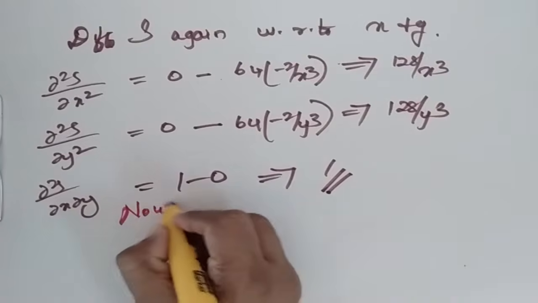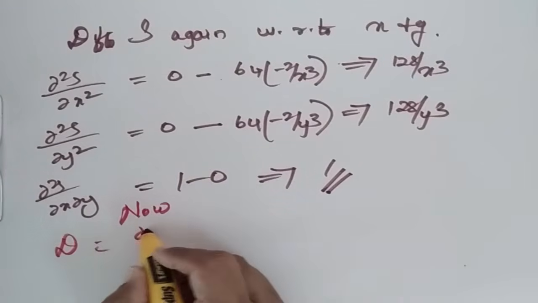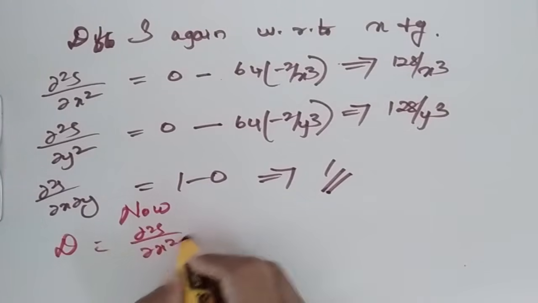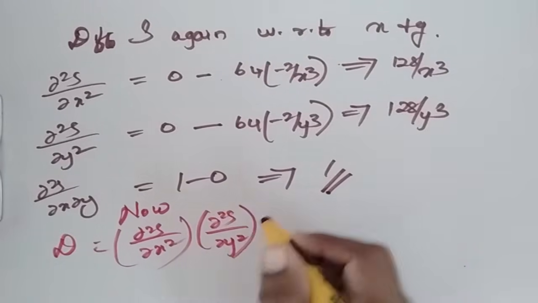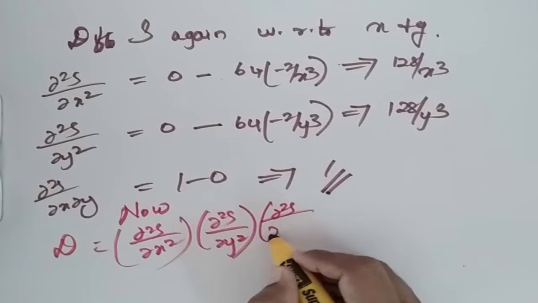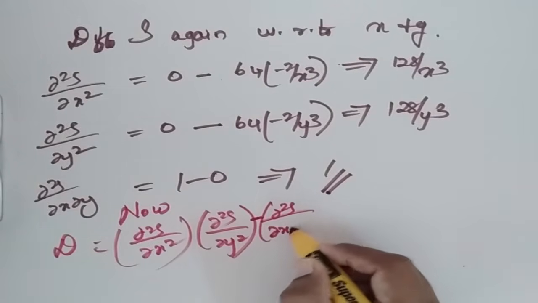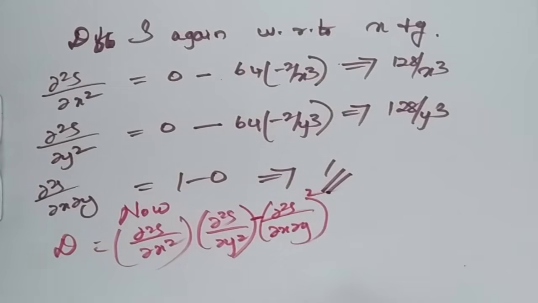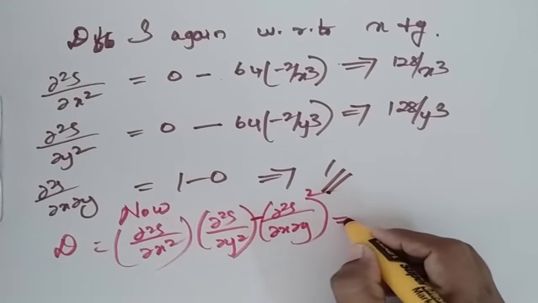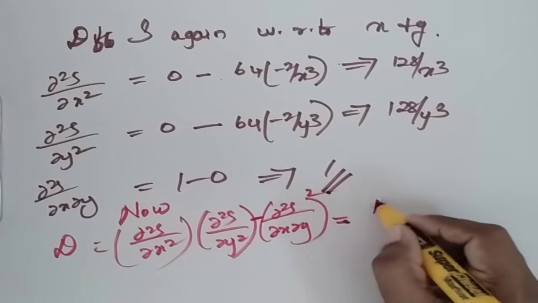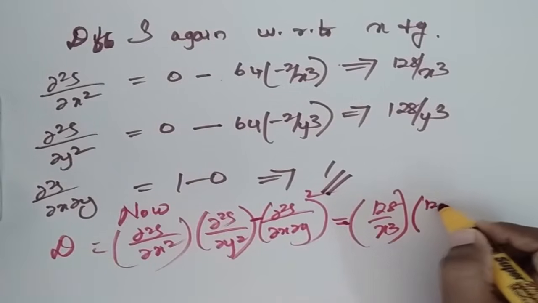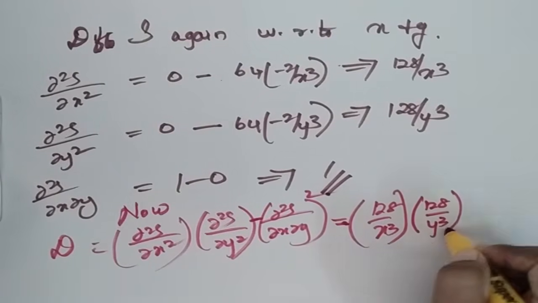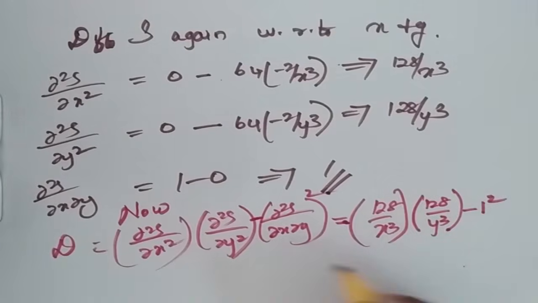Now D is equal to dou square S by dou X square into dou square S by dou Y square minus dou square S by dou X dou Y the whole square. So this is equal to 128 by X cube into 128 by Y cube minus 1 square.